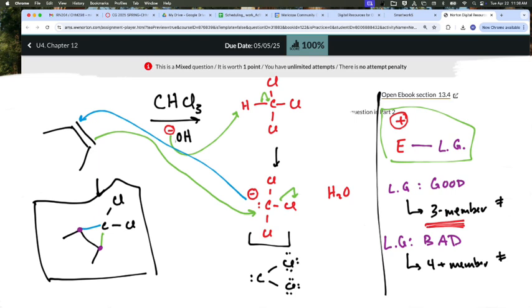Try again. Stereo what? Does it matter? Are those chiral atoms? Do they have 4 distinguishable groups? They do indeed. Which means I should be specifying stereochemistry with wedges and dashes. Which means those 2 new bonds that I formed should both be wedged or they should both be dashed.